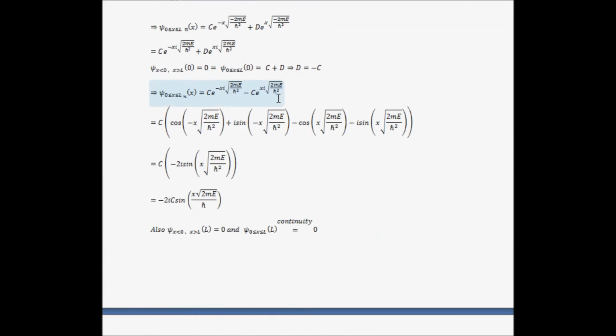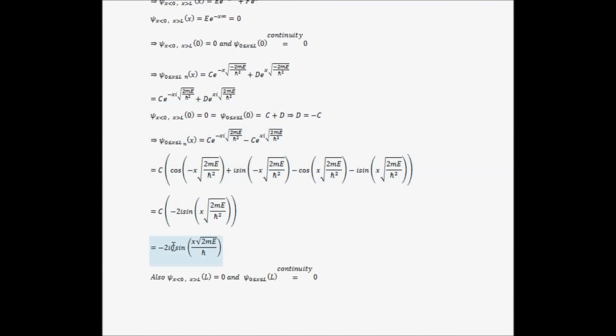Okay, that's not useful, because I want to know what C is, not C C star. Because this nasty thing is complex, and I want the whole prefactor to be real, so I get a real solution to the Schrödinger equation and it's physically relevant.